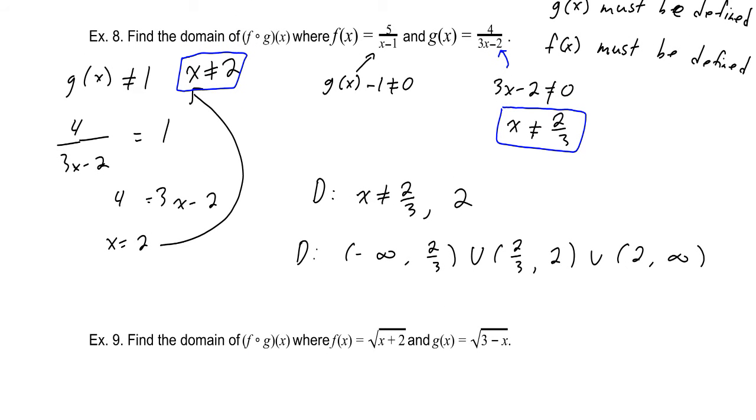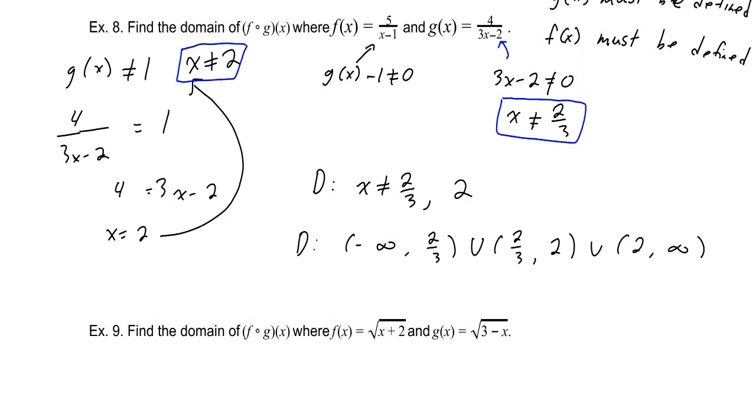And let's find this again with 2 different functions. To find the domain of f composed with g, where f of x is the square root of x plus 2 and g of x is the square root of 3 minus x.